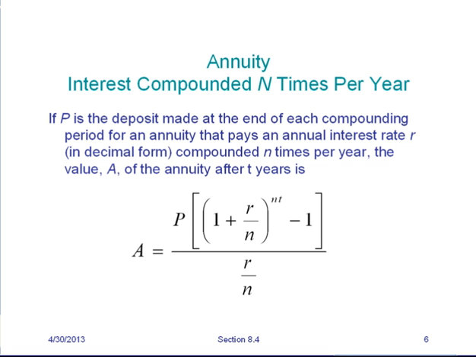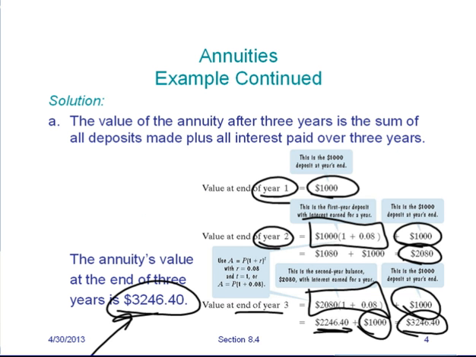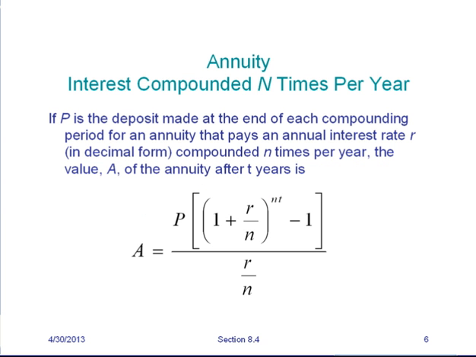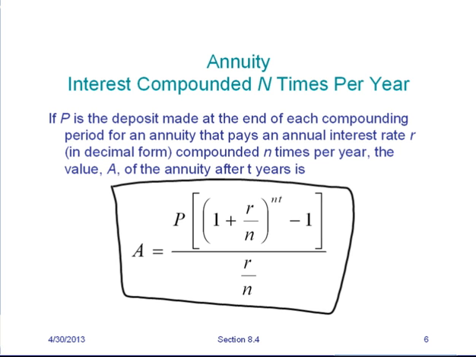Now, you could use this method to figure out after the end of the third year, the end of the fifth year, the end of the 20th year, but that's pretty long and involved process. There is actually a formula that does the exact same thing. The formula is pretty complicated, but it's faster than figuring out the end of the first year, the end of the second year, the end of the third year.